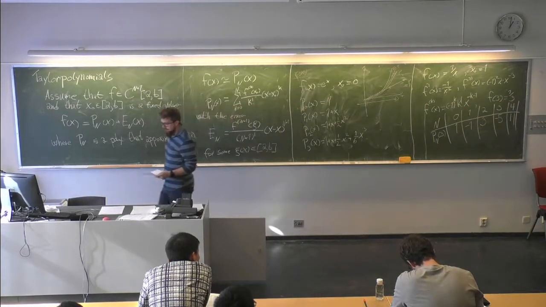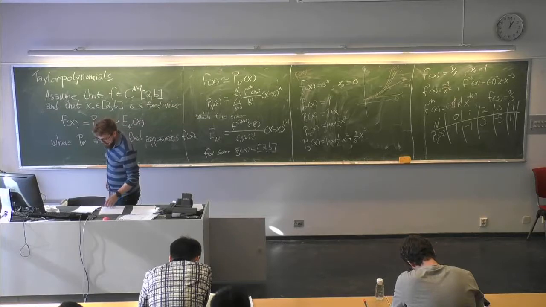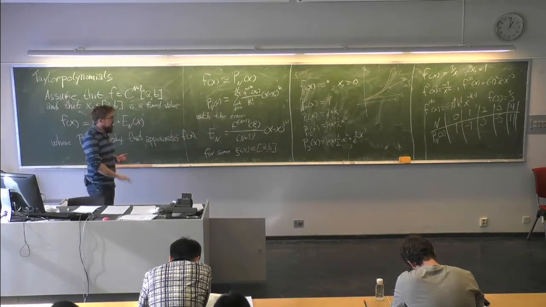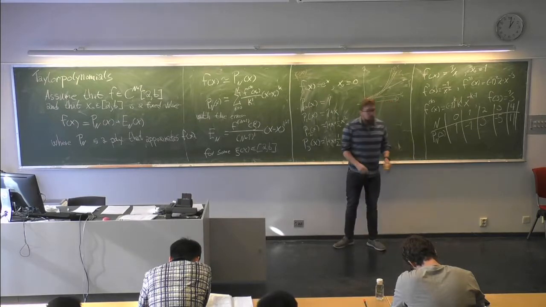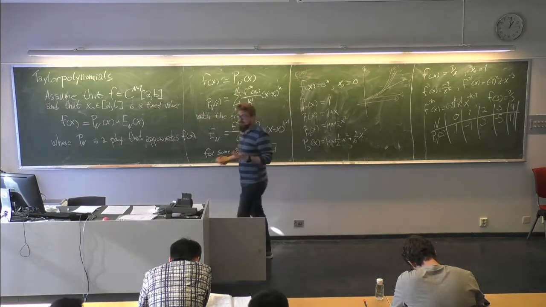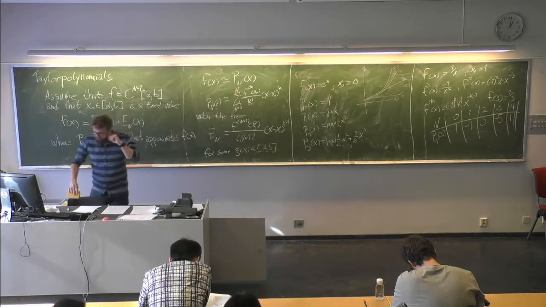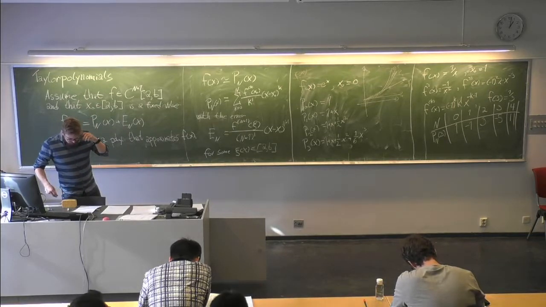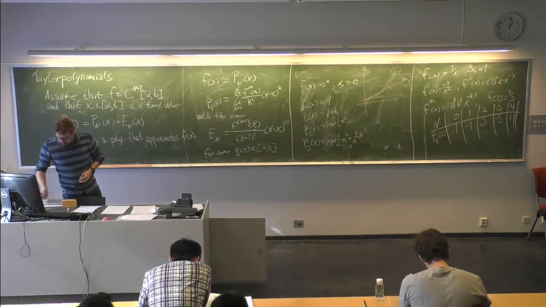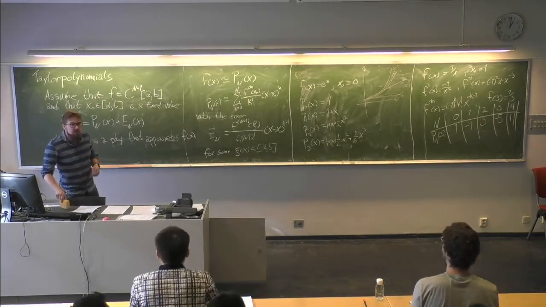So how do we construct better polynomials? Well, we're going to go through two ways of doing it, or algorithms of constructing polynomials that will fit arbitrary functions. The first one is going to be Lagrange polynomials, and the second one is going to be Newton polynomials.